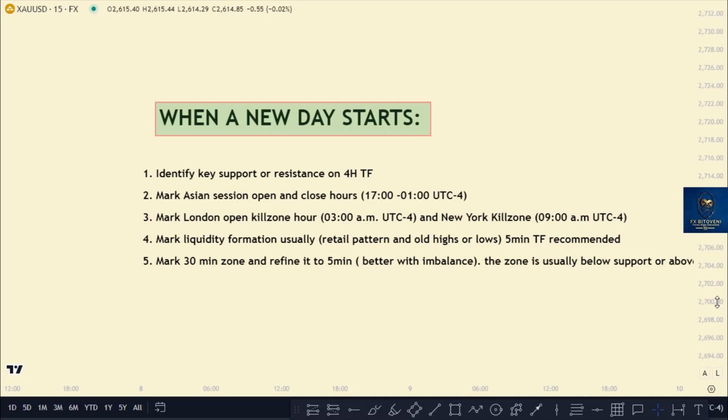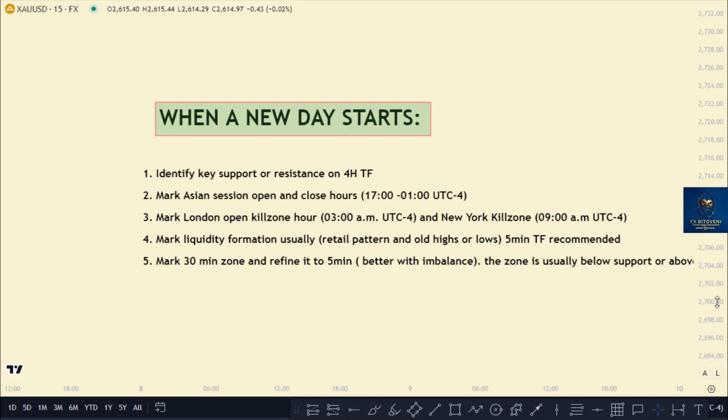My name is JD. Today, guys, I'm going to show you how to identify your entry point using support and resistance, liquidity, and of course time. Remember, we talk about time and price, so you have to always remember time, then price, before you take any trade.